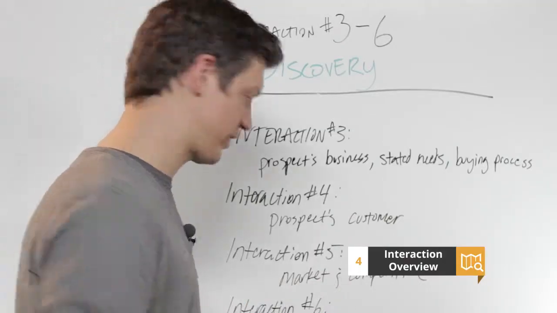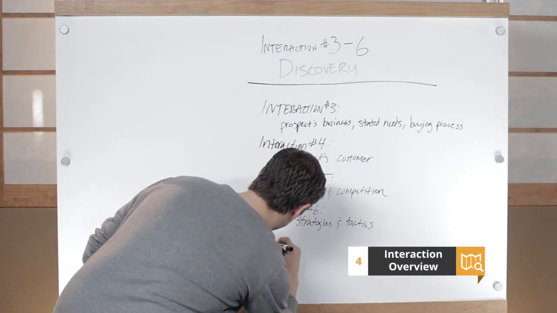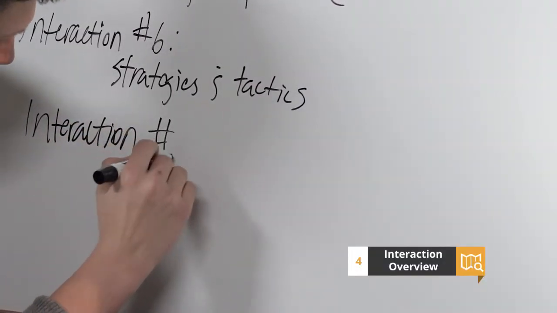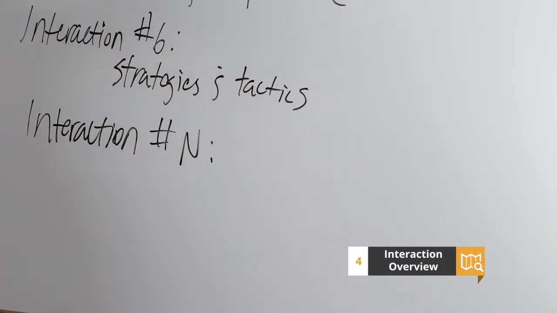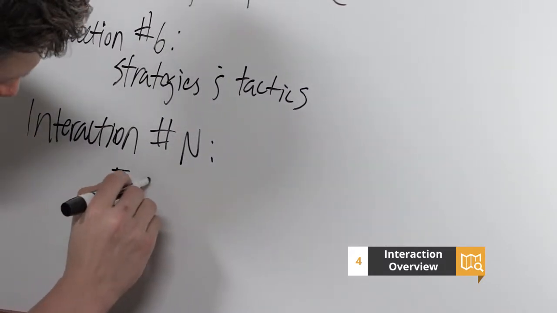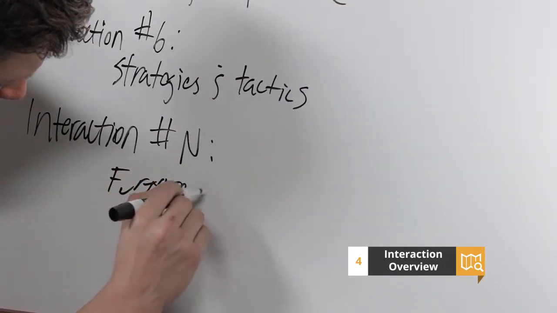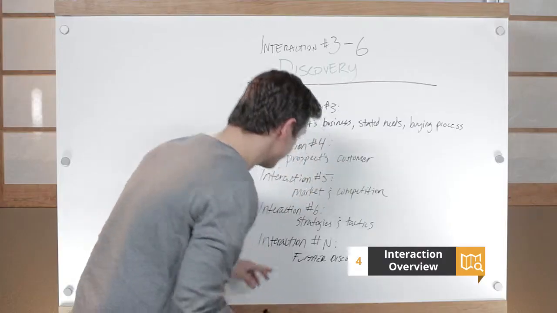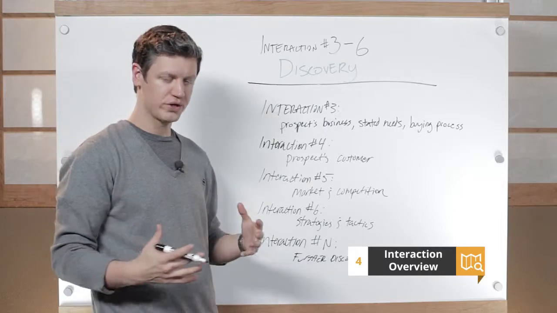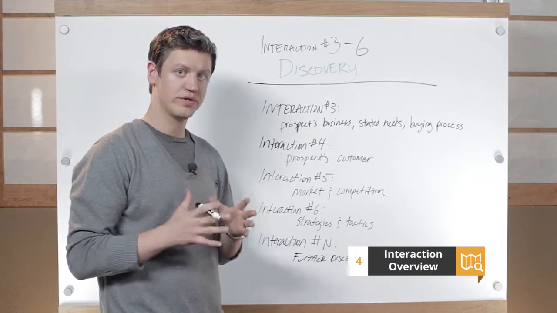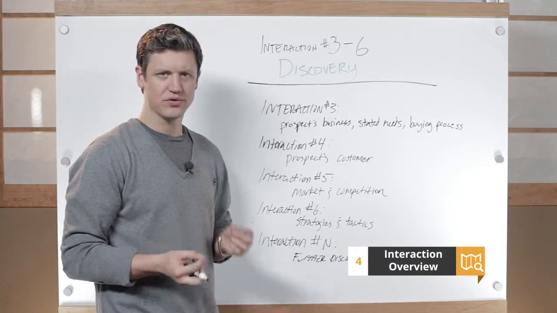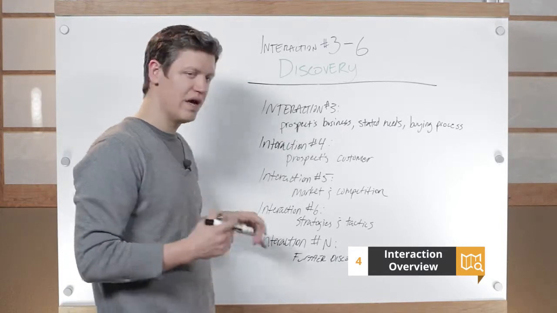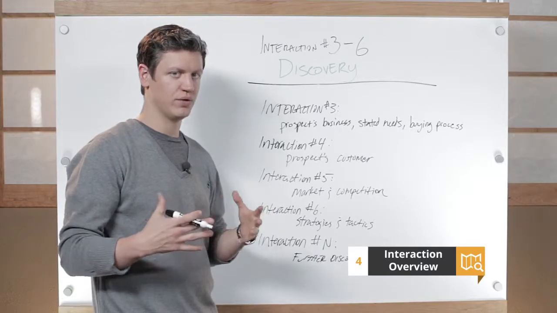Our final video in this section is going to be talking about what I call interaction N. And this basically is further discovery. So we will be going into some additional potential questions that you could ask or go into with further discovery, but usually further discovery exists because something came up while you were going through discovery that really warranted its own meeting, its own space.